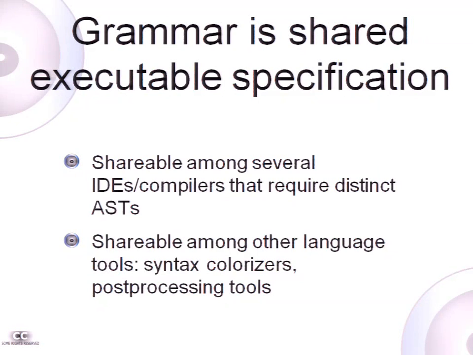You can share the grammar. If you're doing it in one environment like we are, there are many things in an IDE that could use the grammar, and not all of them want the AST. The syntax coloring doesn't want the AST because we want to colorize comments and things like that. So it's nice that this whole framework also works on the lexical level, and we have a different subclass of the grammar that knows how to do the colorization. And we actually use this stuff.